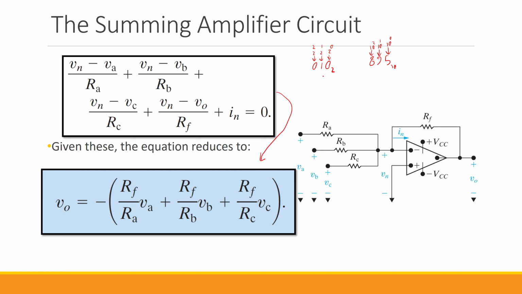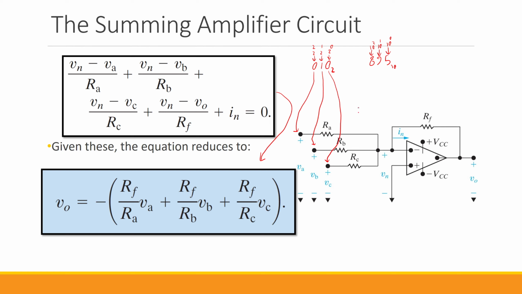Now let's say you want to convert this binary number into an analog signal. What you need to do is create these weights. If VA is here, VB is the second one, and VC is the third one, you can choose the values for RA, RB, and RC to create these weights.